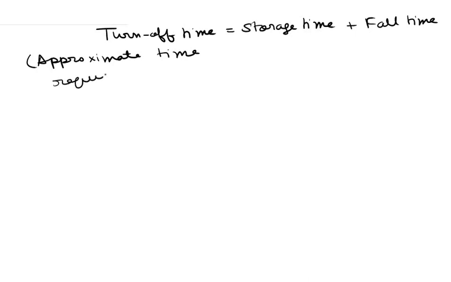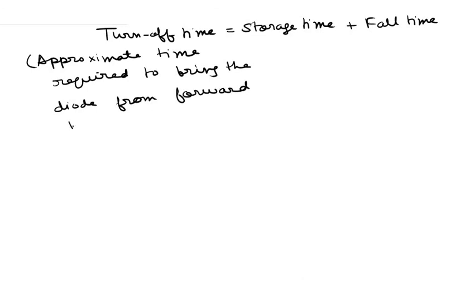So this turn off time is the approximate time required to bring the diode from forward biased state to reverse bias state.